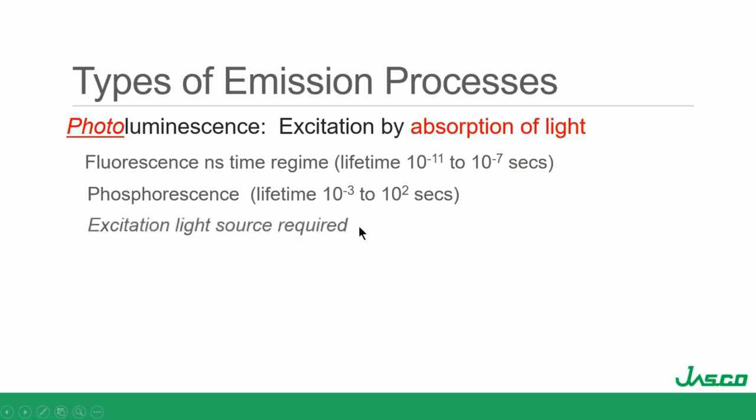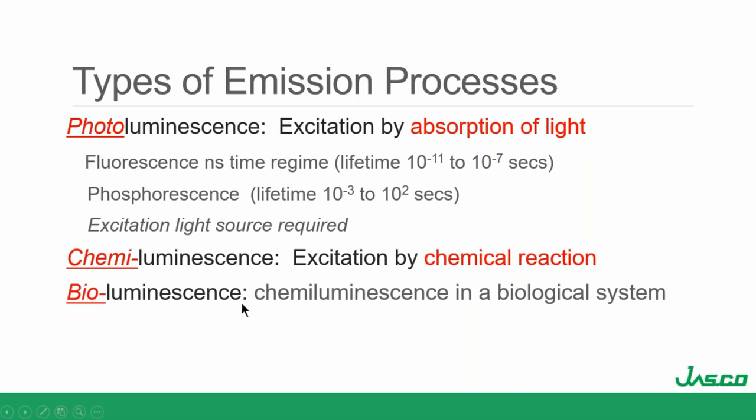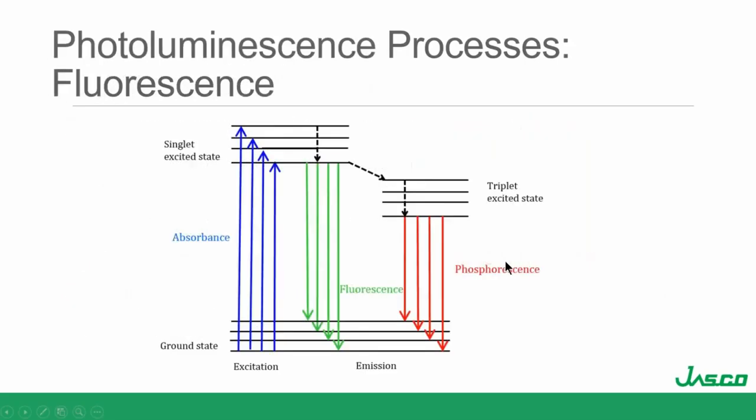And an excitation light source is required for this, right? We have to get light into the system. Chemiluminescence, on the other hand, excitation is by a chemical reaction. So even in bioluminescence, no external light is required, the chemical reaction produces this energy which excites the molecule.